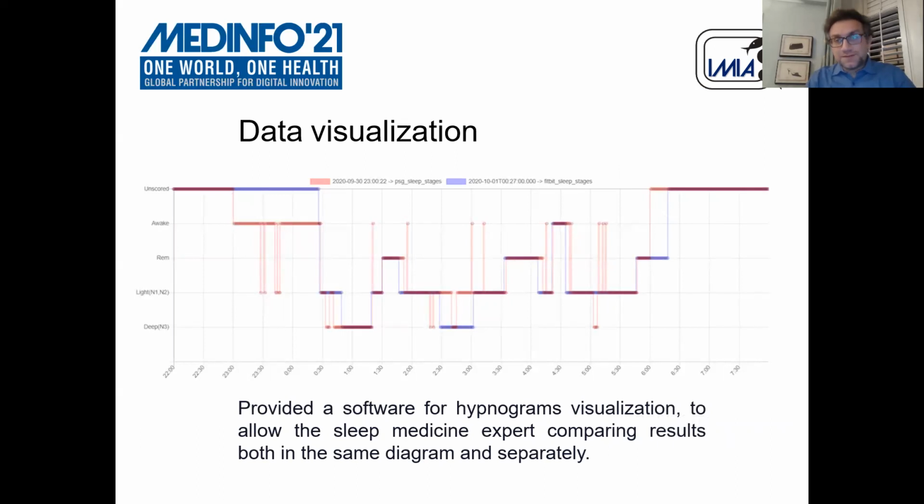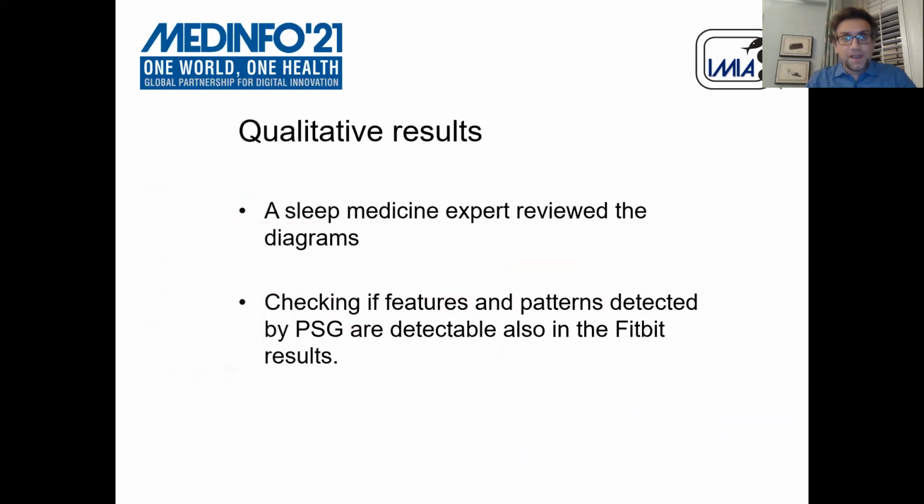Also, software was developed to represent the results of PSG and Fitbit in the same diagram, or also separately, to help the sleep medicine expert evaluate and compare the results. We performed 2 phases for results, qualitative and quantitative.